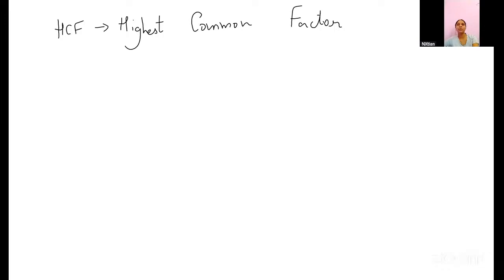Now, two ways are there to find out the HCF of any number. First method is the prime factorization method.